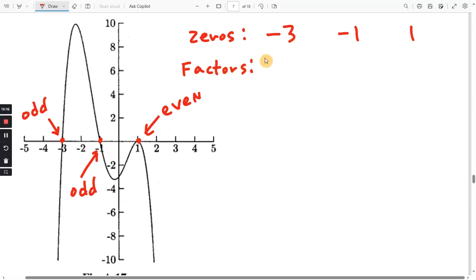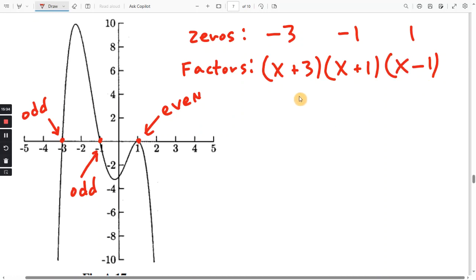So the factor for negative 3 is going to be x plus 3. The factor for negative 1 is going to be x plus 1. And the factor for positive 1 is going to be x minus 1. The reason is when you set each of these equal to 0, you're going to get these values for the zeros. If you set this, what makes this equal 0? Negative 3. What makes this equal 0? Negative 1, and so on.